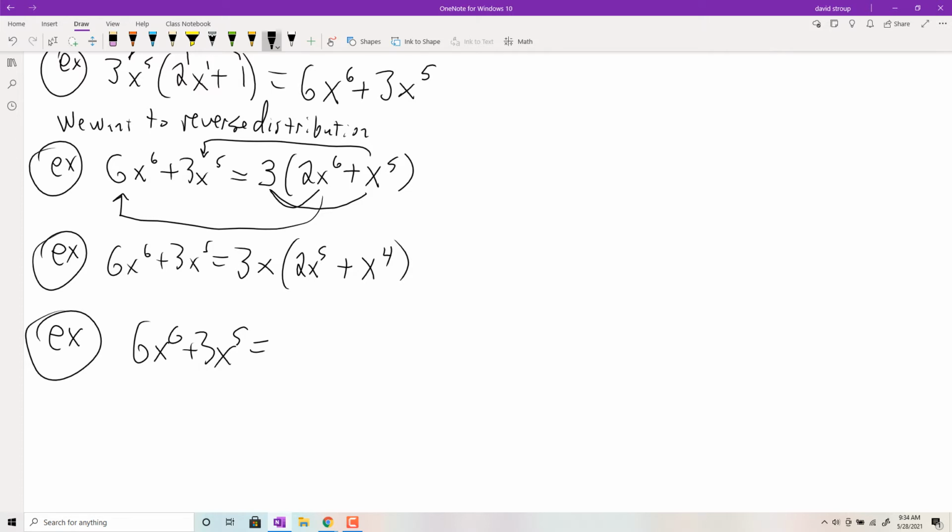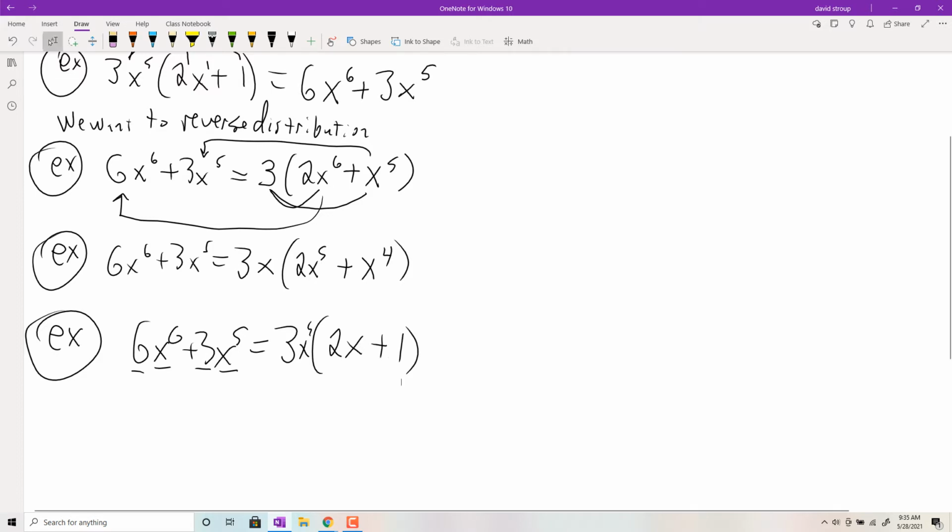What divides both 6 and 3? Well, 3. And then what's the biggest variable part that will divide x to the 5th and x to the 6th? That'll be x to the 5th. So reversing the distribution, we'll get 2x plus 1.